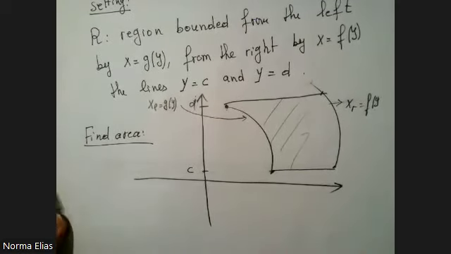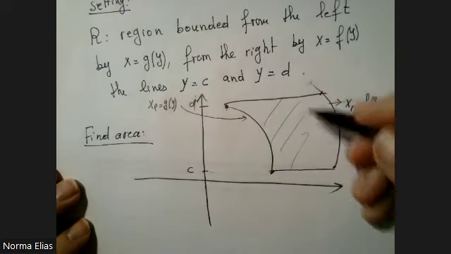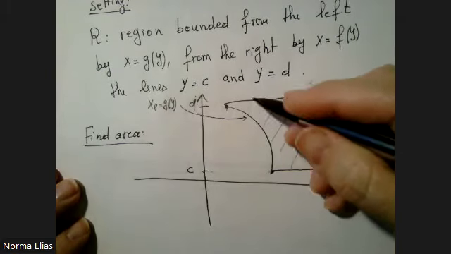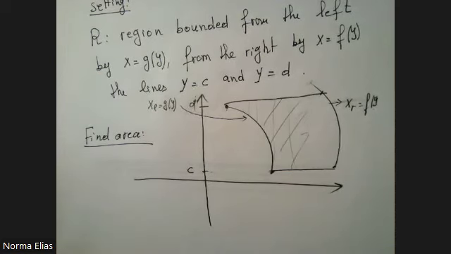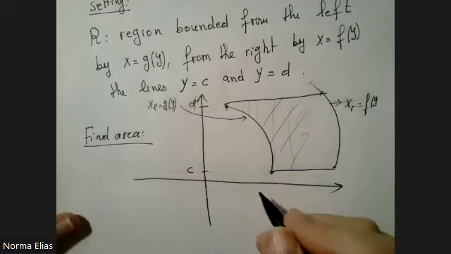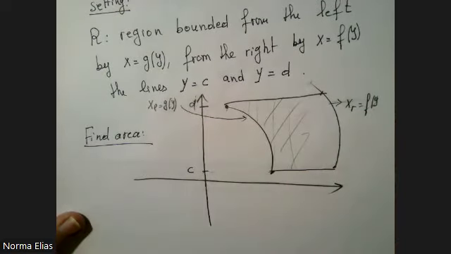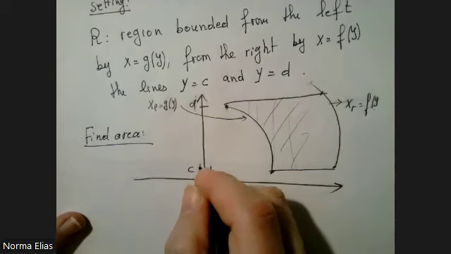We are going to proceed verbatim, the way we did previously. But instead of covering the region with vertical rectangles, which is very hard in this case, because the upper curve and the lower curve are changing tremendously, we are going to cover the region by horizontal rectangles. But to be able to do that, it's the interval from c to d.